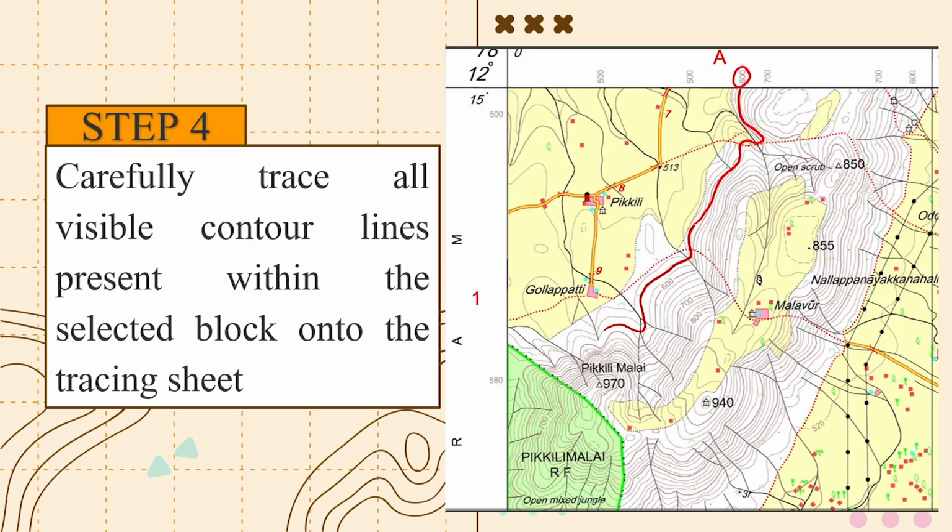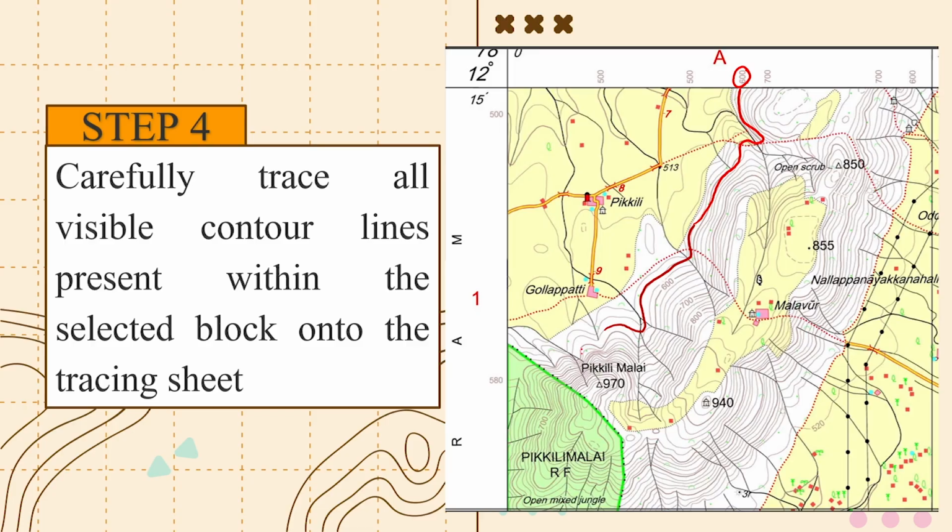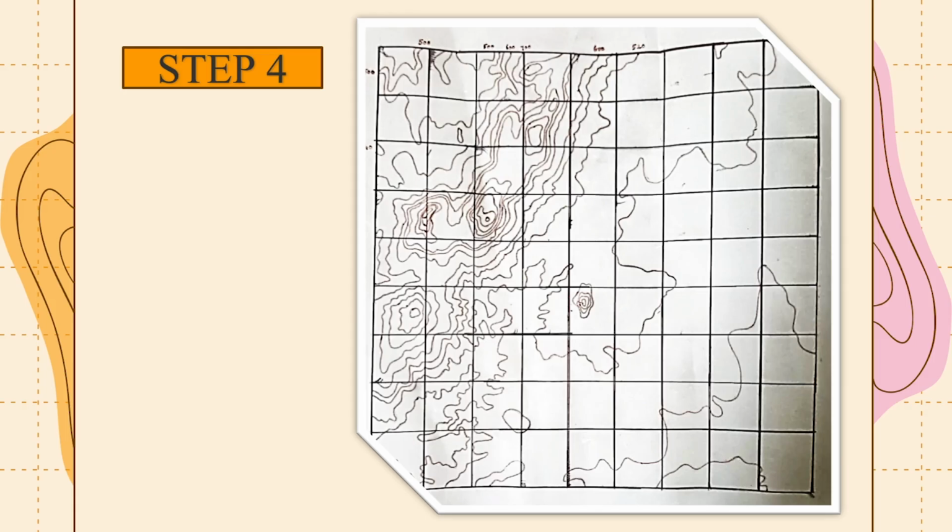The tracing sheet helps us identify all the visible lines. We cannot draw all the small lines present within the topo sheet. So, in order to have a base, transfer all the visible contours, and once you are done with this step, you will see a result of all the visible contours present within the particular quadrant that you have selected.